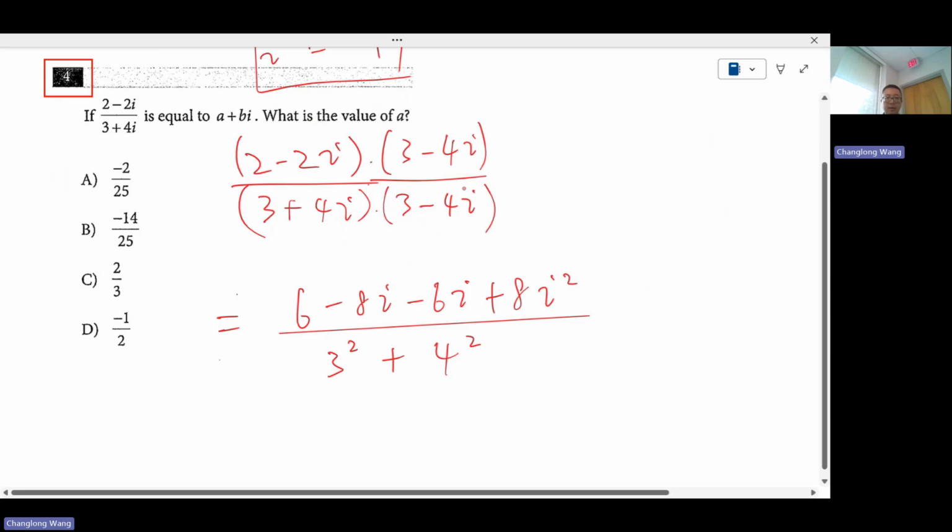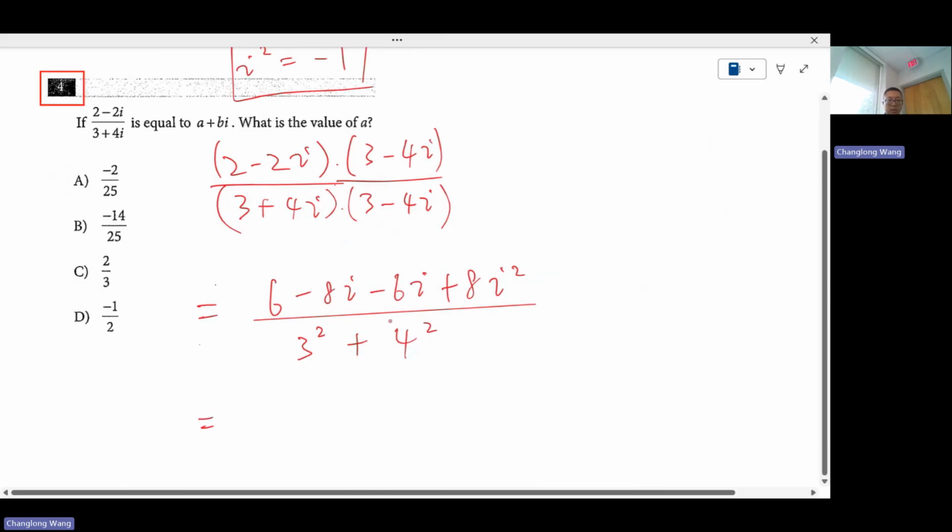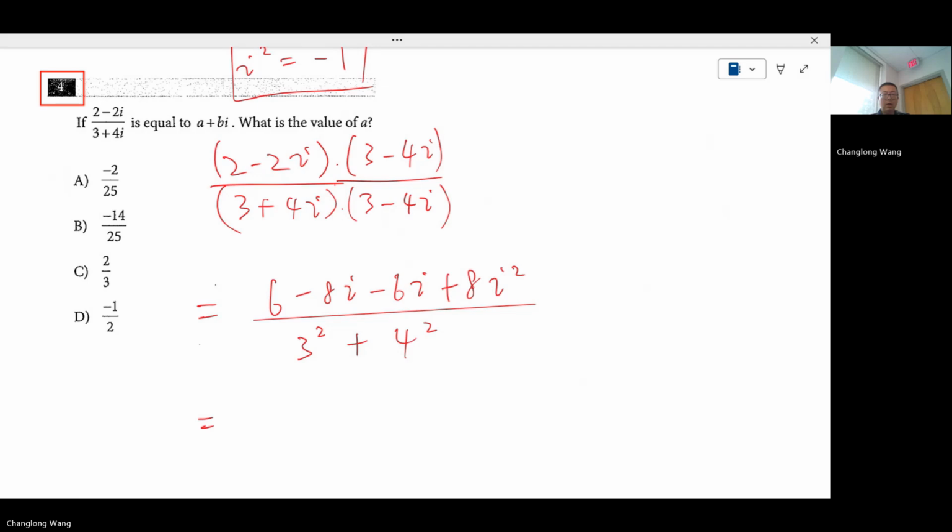So you just simplify the numerator, right? You get 6, but this negative 1 out of the i squared is going to turn the 8 into negative 8. 6 minus 8 gets you negative 2. Then negative 8i plus negative 6i, so it'll be negative 14i, over 25.